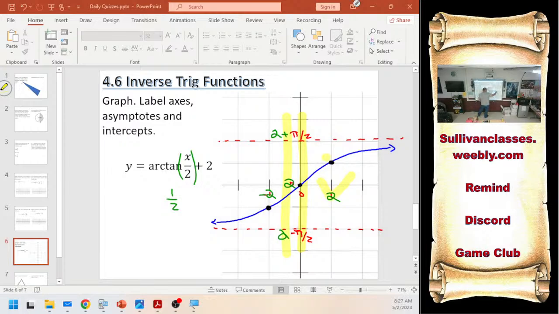I'm going to specifically ask that you have those points there, because that's what makes it a proportional tangent graph, or arctangent. And then, did you actually have an arctangent on there? Or did you oops and make a tangent instead? Did you oops and, God forbid, I don't know, maybe you made a secant graph instead?